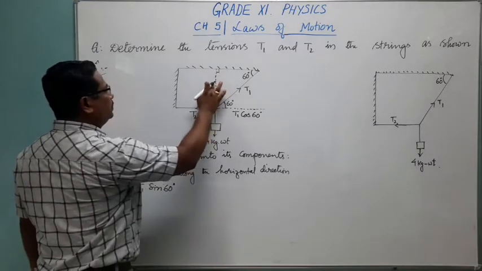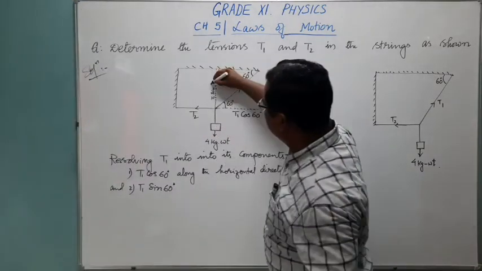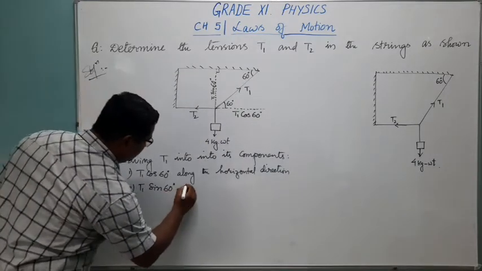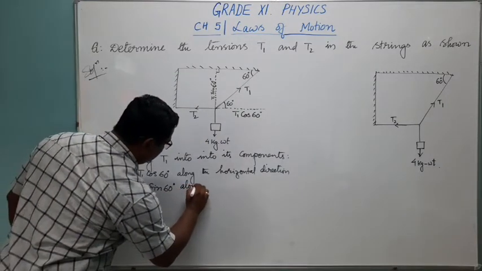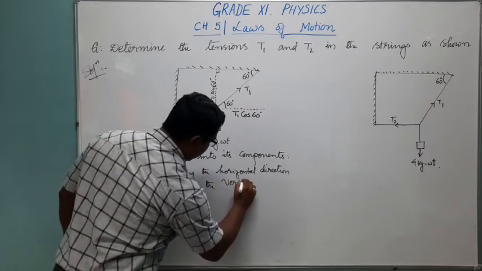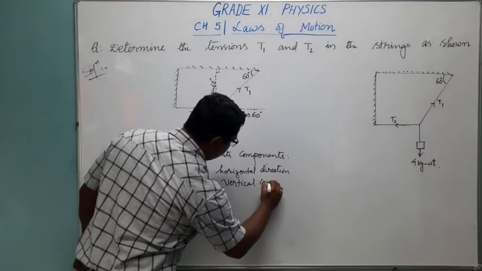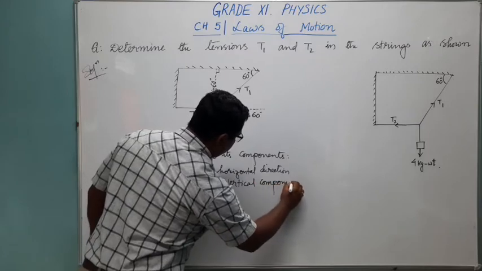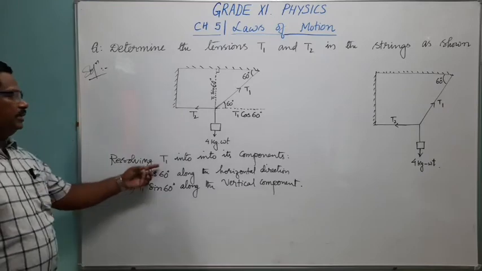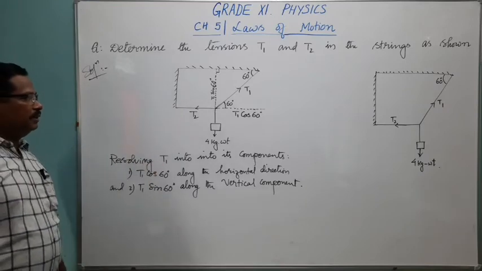Angle here you know, this is 60 degree. So we'll write here T1 sin 60 degree along the vertical component. So these are the 2 components of the vector T1.